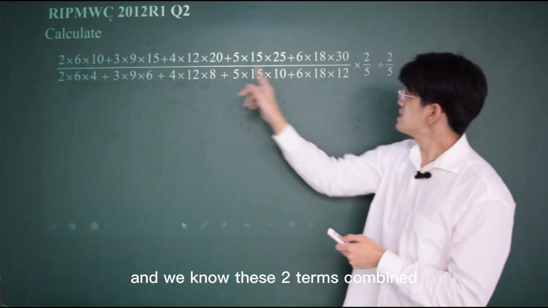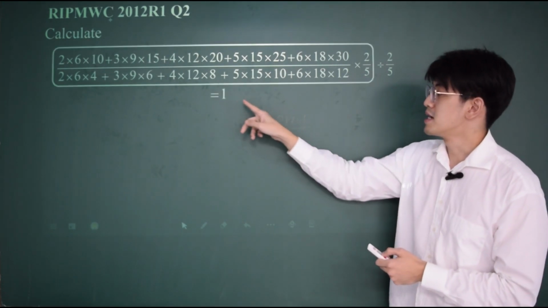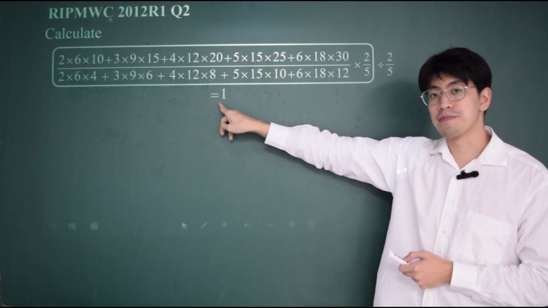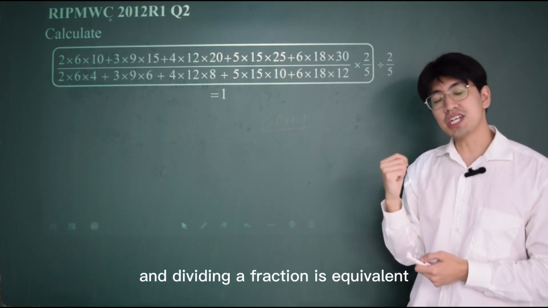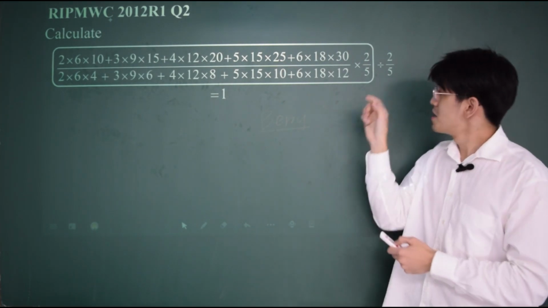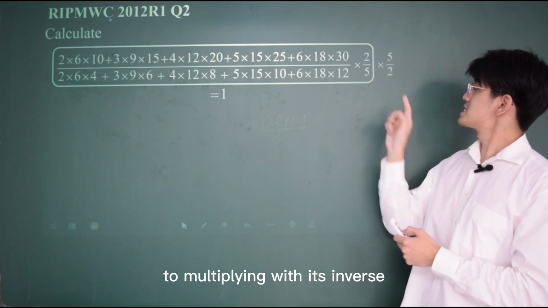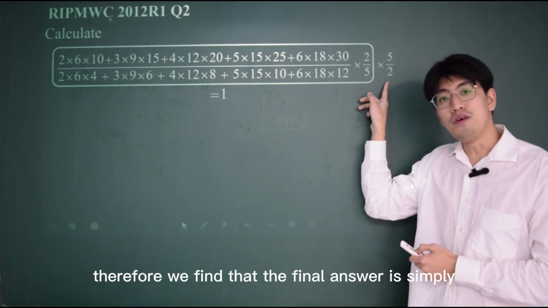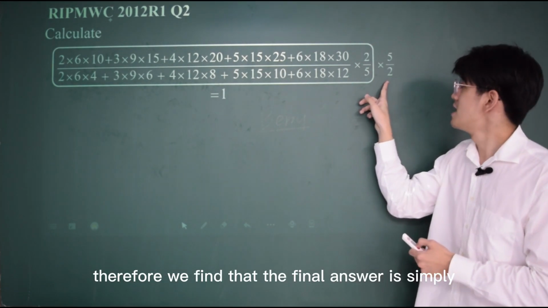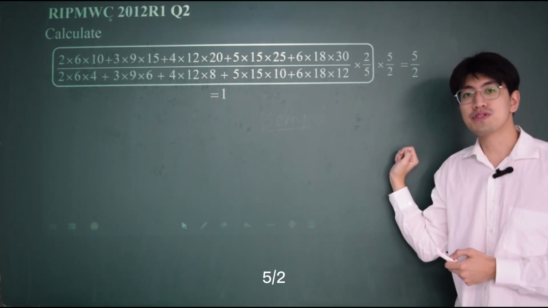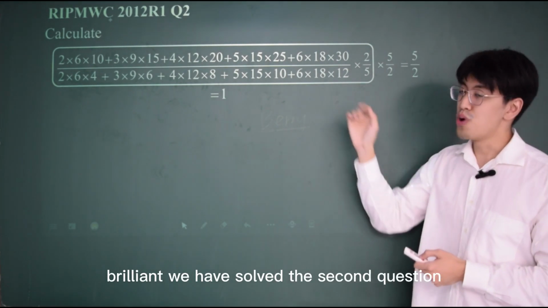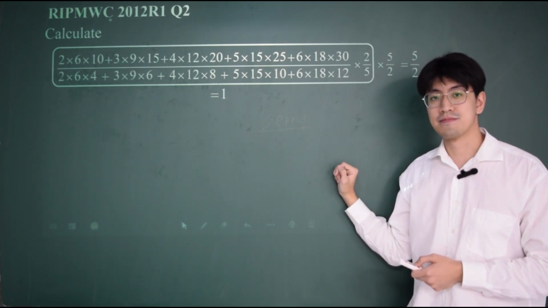And we know these 2 terms combined give us 1. And dividing by a fraction is equivalent to multiplying by its inverse. Therefore, we find that the final answer is simply 5/2. Brilliant! We have solved the second question.